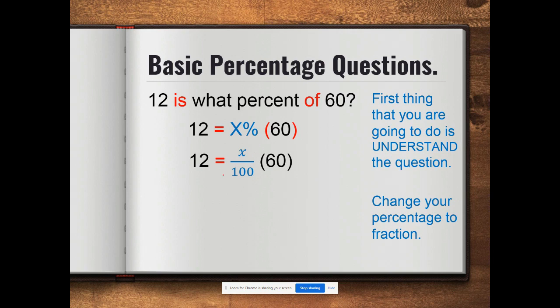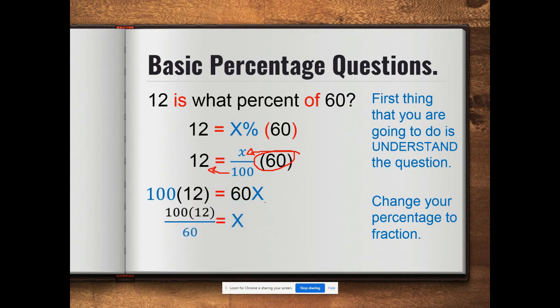Now, what you're going to do is to multiply this 100 by the left, and it will look like this. As you can see, your 60 is also multiplied to your x as your numerator. Then, divide it by 60 both sides, and this one will be cut. Now, simplify, and your answer will be 20%. Don't forget, the question is, what percent?